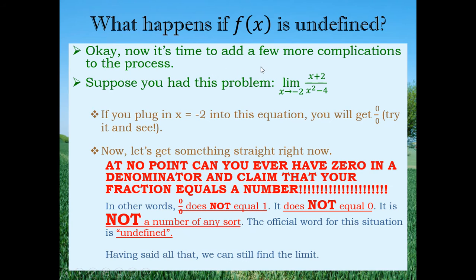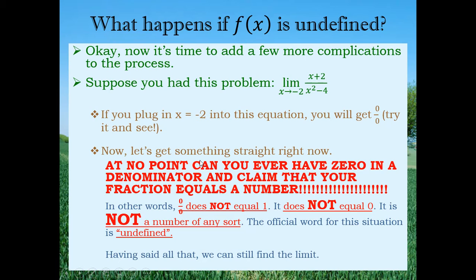So what happens if f of x is undefined? Okay, that's a little complicated. Suppose you had this problem: the limit as x approaches negative 2 of x plus 2 over x squared minus 4. If you plug in x equals negative 2 into this equation, you will get 0 over 0. Now, make sure that you don't make the mistake.